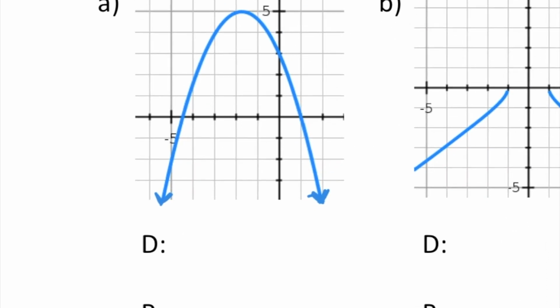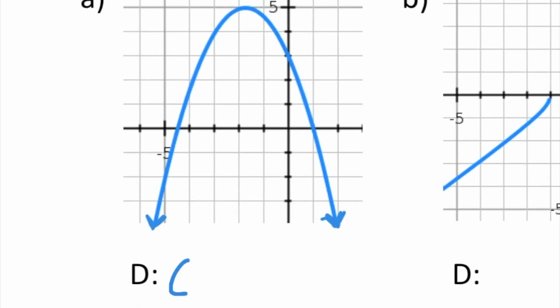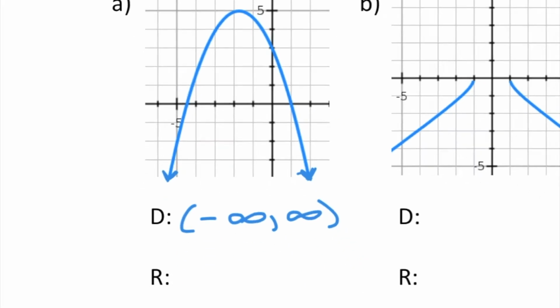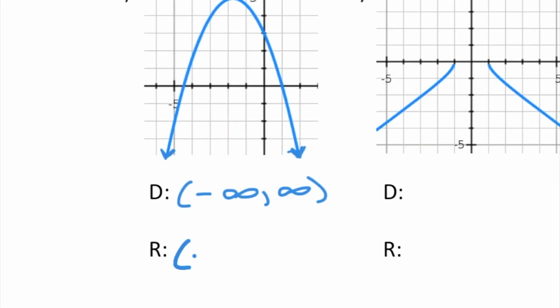And so your domain is going to go infinitely left and infinitely right. And so your domain will be all real numbers. There's no other breaks in the graph. But your range starts at the bottom at -infinity, but it tops off right there at y equals 5.